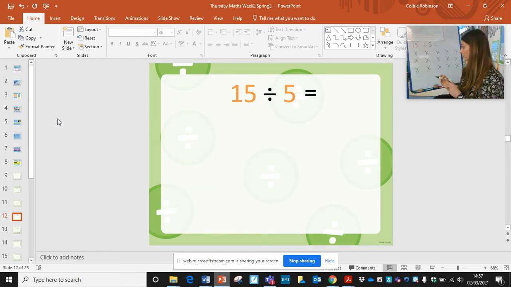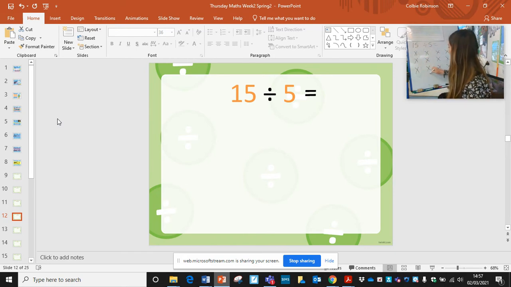Stop there, okay? Again, this is what an array is. So I've created an array, but we are going to circle the groups to see how many we have got in each group. Which, again, if you have really good multiplication knowledge, you will know what 15 divided by 5 is, because you might be able to count in your 5s, which I'll show you in a minute. But first of all, let's finish this before I get ahead of myself.